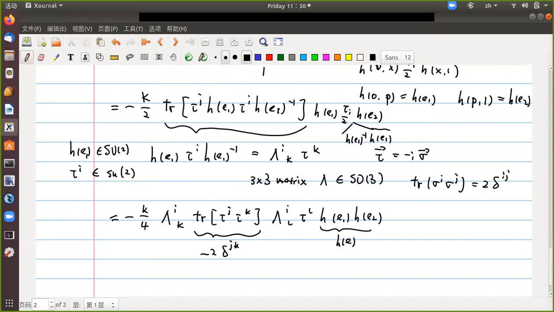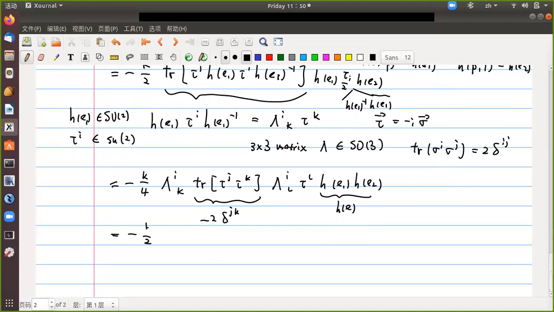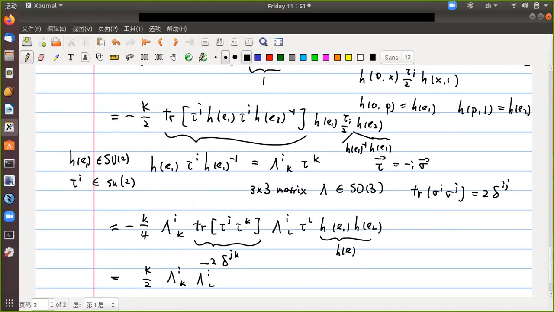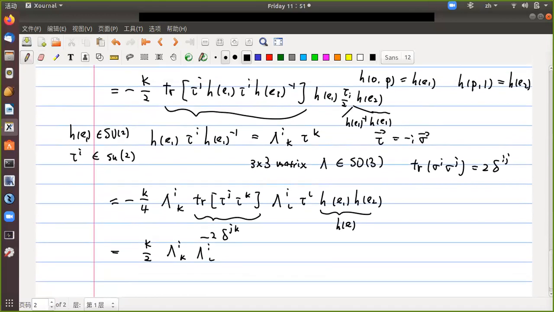All right, so now we can further simplify the result. You don't have minus anymore. Lambda IL. Let me see if my index is okay. JK.